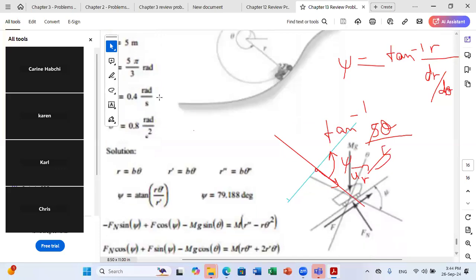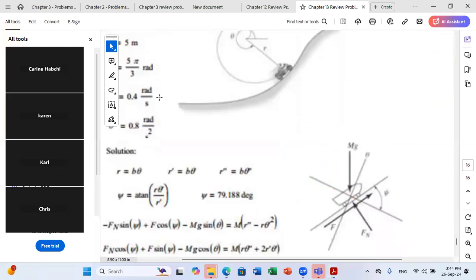Now you can say the following. I know that the driving force is along the tangent line, and the normal force is perpendicular to the tangent line.